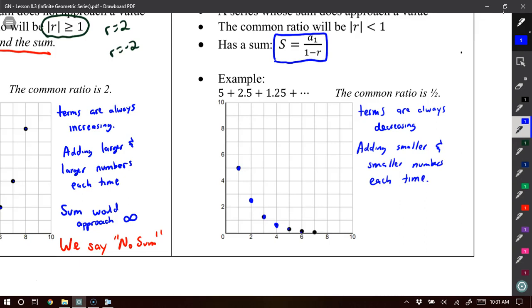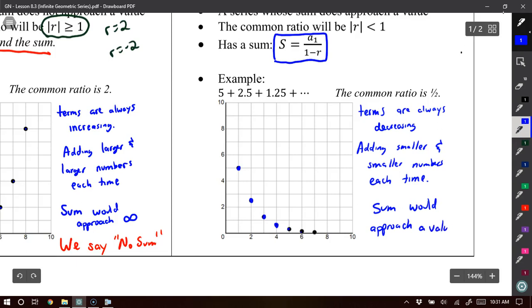So in this case, we have the sum would approach a value. Because the numbers, as you keep this series going on forever, you're adding a very, very small number. It's not having a large impact at all.